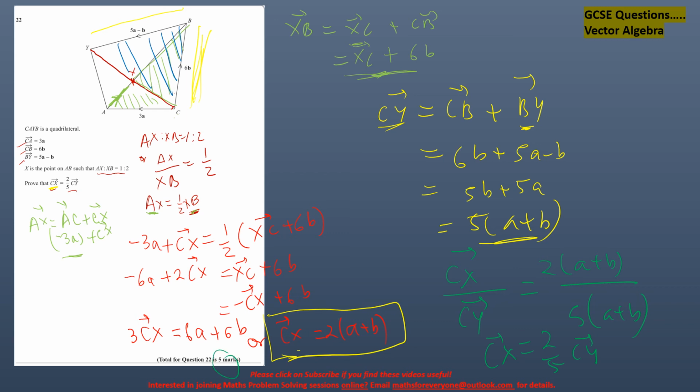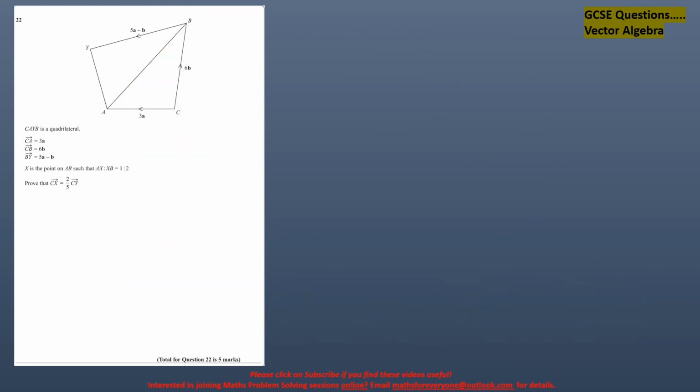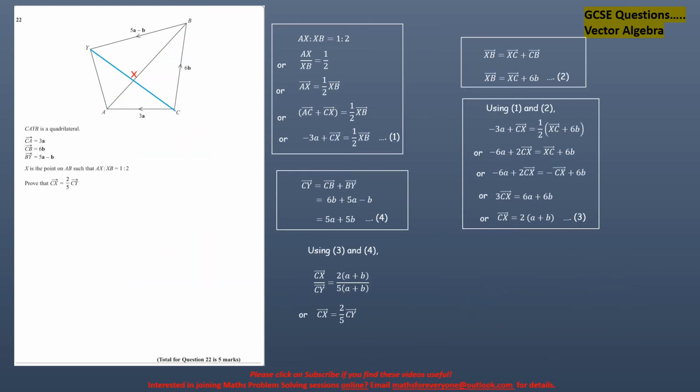I have done it in a better way in the slide. So what I did is I typed it all out neatly so that you can see what I did. So first thing to start is to join C and Y and find the point X. That's my X. Then I'm going to do AX is to XB.